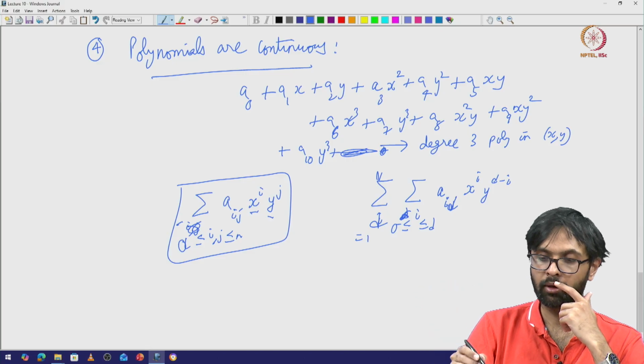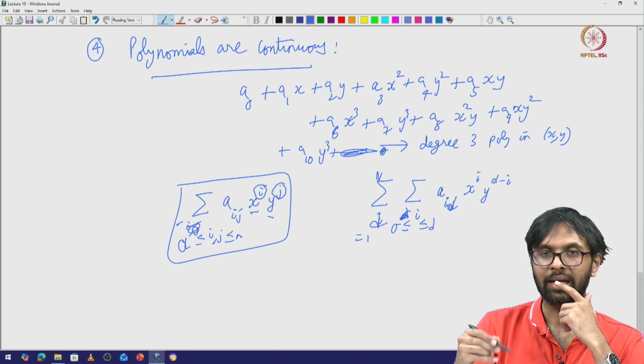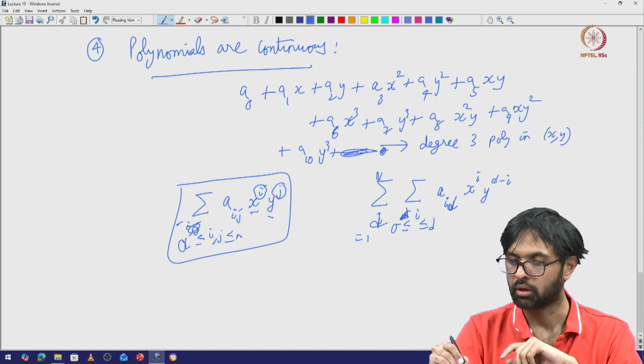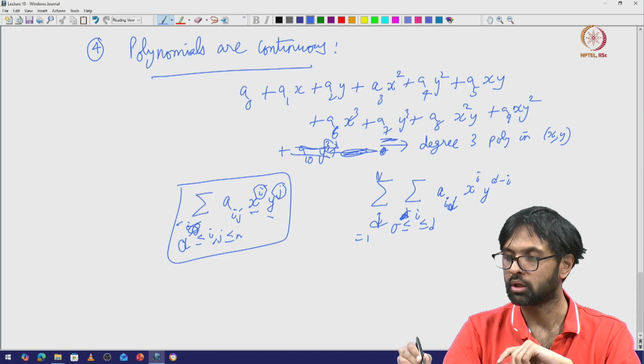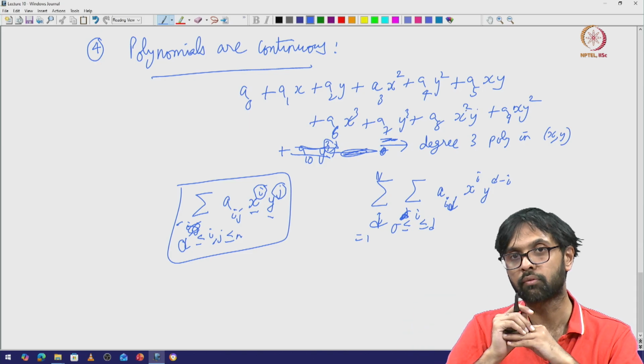The degree of a polynomial is obtained by taking this number plus this number and taking the largest possible number you can get. For instance, here it's 2 plus 1, which is 3, the largest such number you can get.